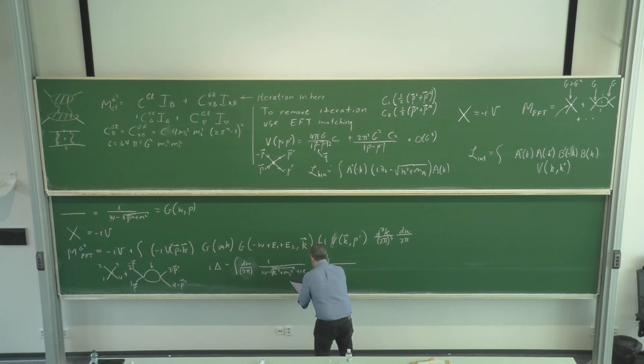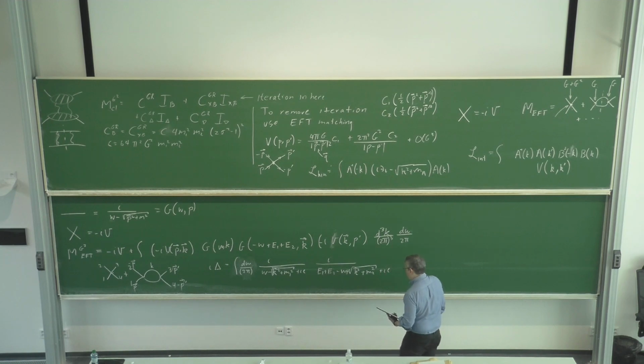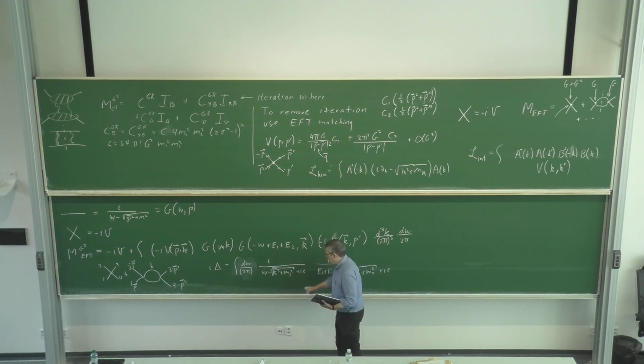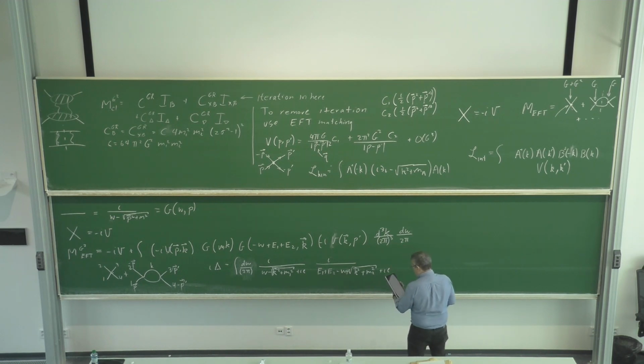There's an i over E1 plus E2 minus omega minus the square root of k squared plus m2 squared, plus i epsilon. So you look at that integral. You can actually close this up or down, it doesn't matter. If you close up, you pick up one of the residues. If you close down, you pick up the other residue. Either way, you get the same answer.